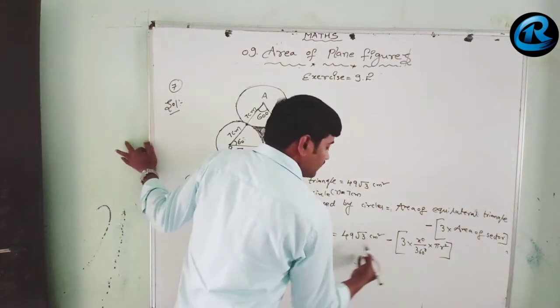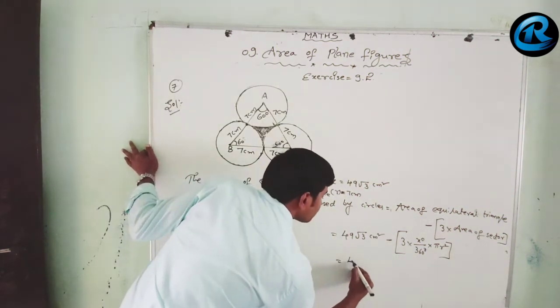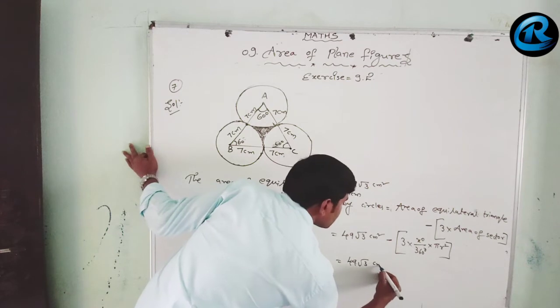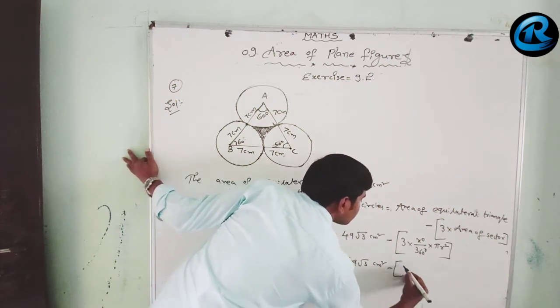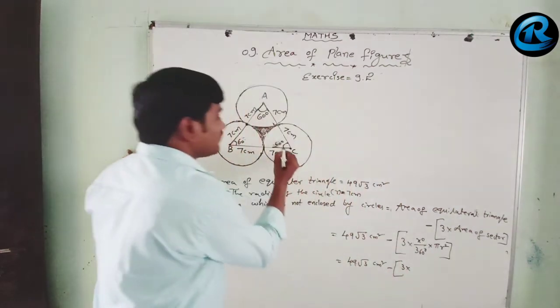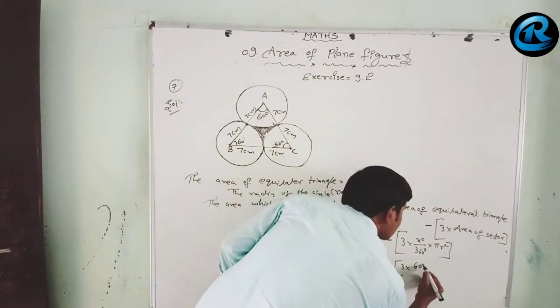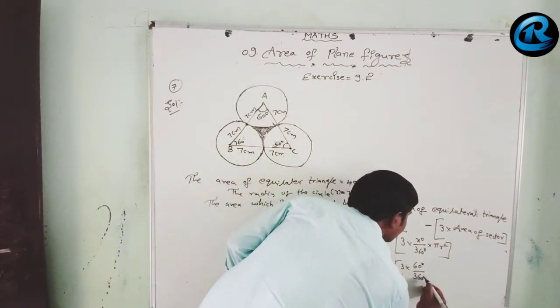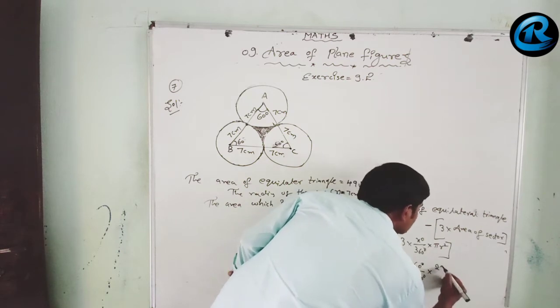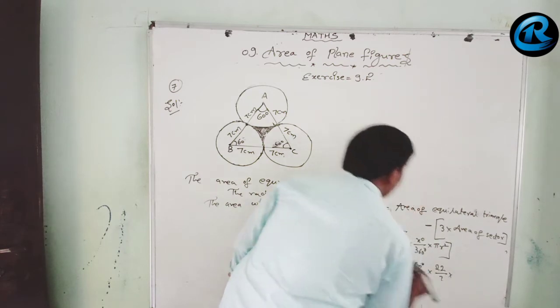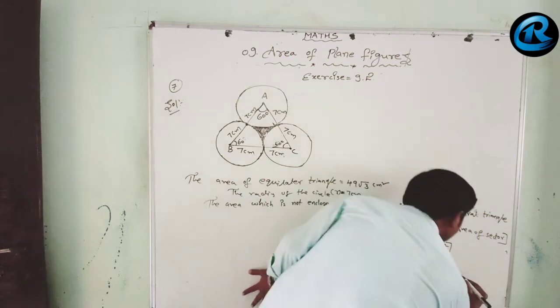Let us go for that. Now let us substitute the values here. 49 root 3 centimeter square minus 3 into x, which is nothing but the angle in the equilateral triangle. It will be 60 degrees only. All angles will be 60 degrees in the equilateral triangle. Pi value, that is 22 by 7, into r value, that is 7 centimeter and 7 centimeter.